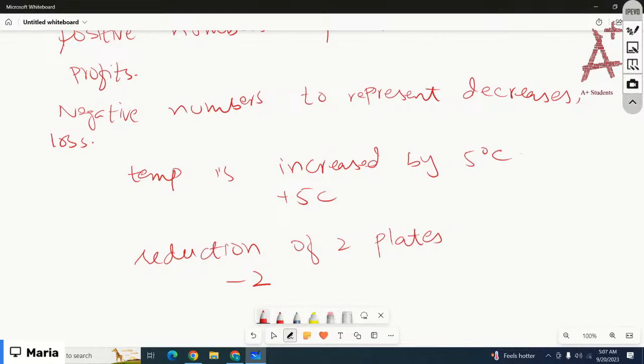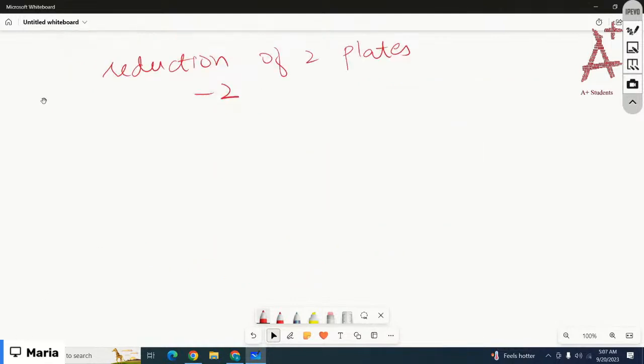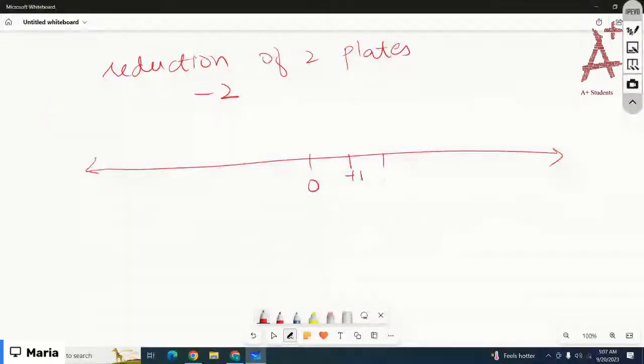Let's see how we represent integers on a number line. Here is the number line. Here is the 0. On the right hand side of the 0, you have all positive numbers, and on the left hand side of the number line, you have all negative numbers.